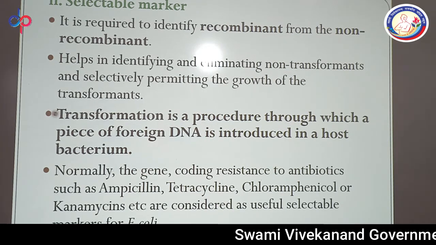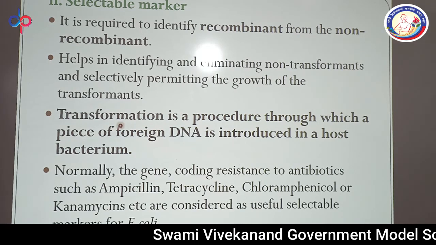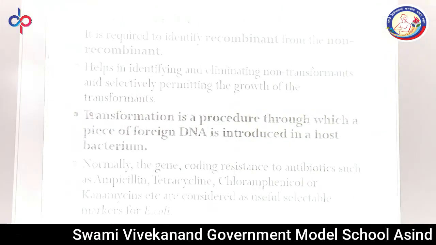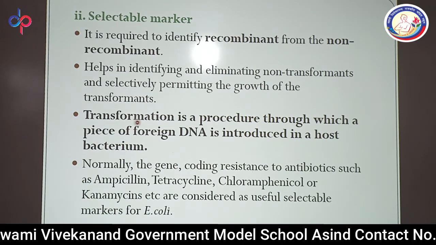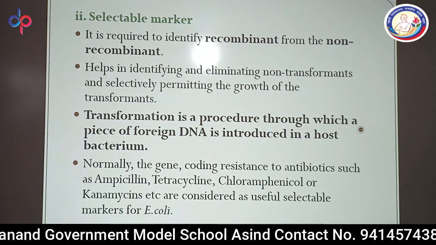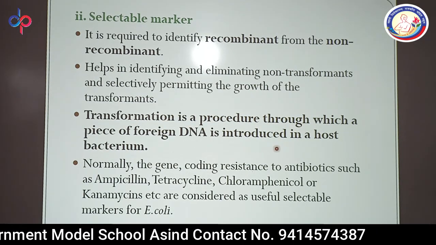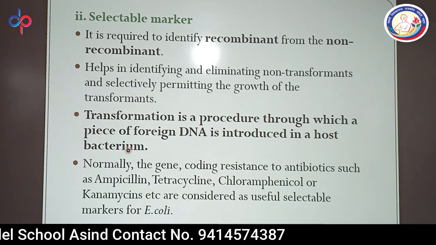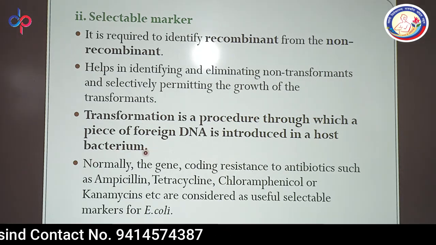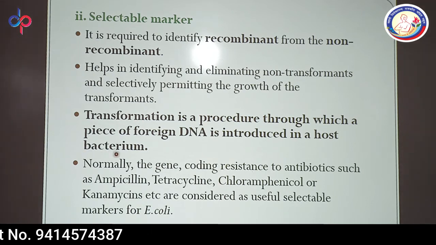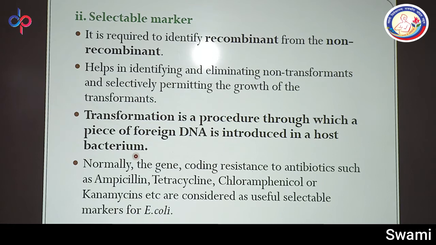An important definition is asked: what is transformation? Transformation is a procedure through which a piece of foreign DNA is introduced in a host bacterium. So an important question is the definition of transformation. Just insertion of the foreign DNA into the host cell.